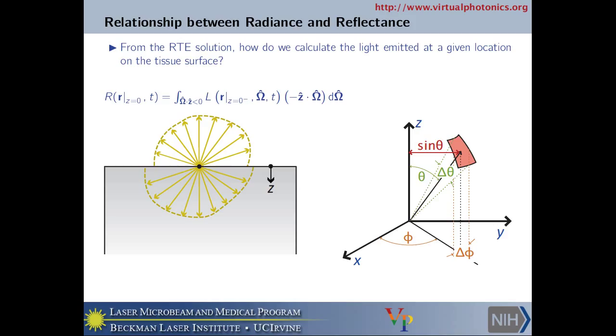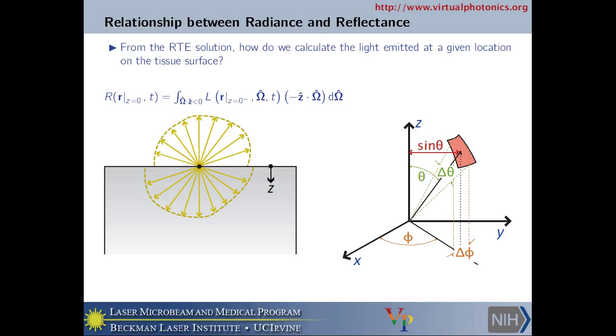So instead of integrating over the entire unit sphere, we're only looking at the directions that are, in this case, propagating in a direction that is in the hemisphere opposite of the tissue hemisphere. So you have to take the direction of the light propagation dotted with the inward pointing unit normal, and if that is negative, that means you're propagating away from the tissue.